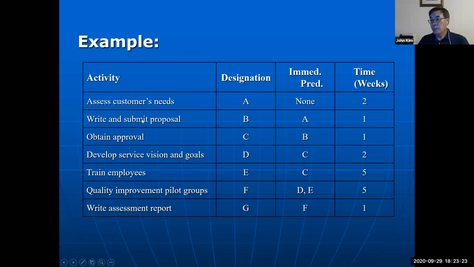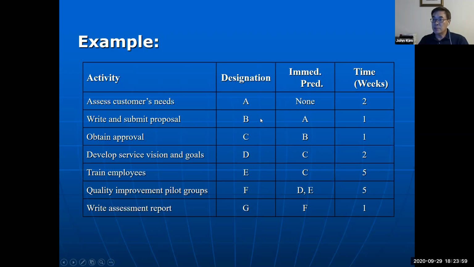Example. This example has 7 activities or tasks. Each activity has a designation: A, B, C, D, E, F, G. And each activity has an immediate predecessor. Activity A doesn't have an immediate predecessor. That means in this project, activity A is the starting point.